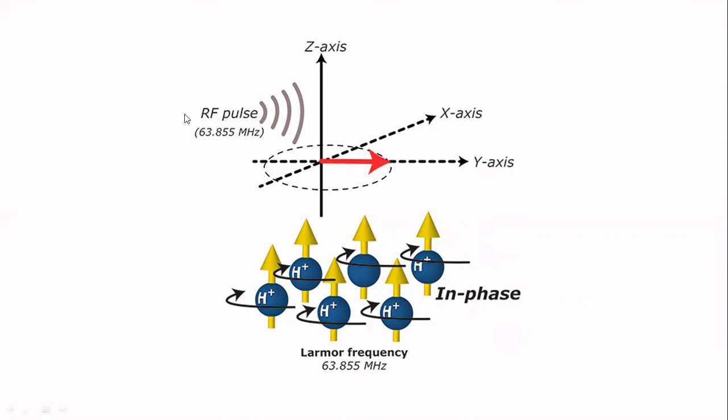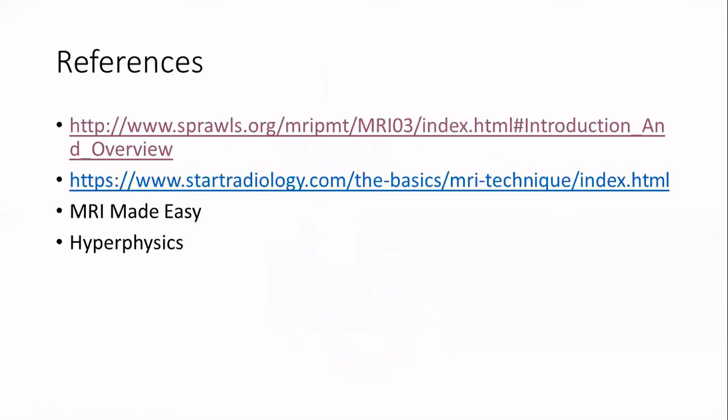If the frequency doesn't match, if you are giving a lower or higher frequency, then it is unlikely that all the protons will be able to come to the y-axis. That is called frequency matching. The frequency of the RF pulse should match the precessional frequency of the protons. That is what is called resonance, the matching of frequencies.